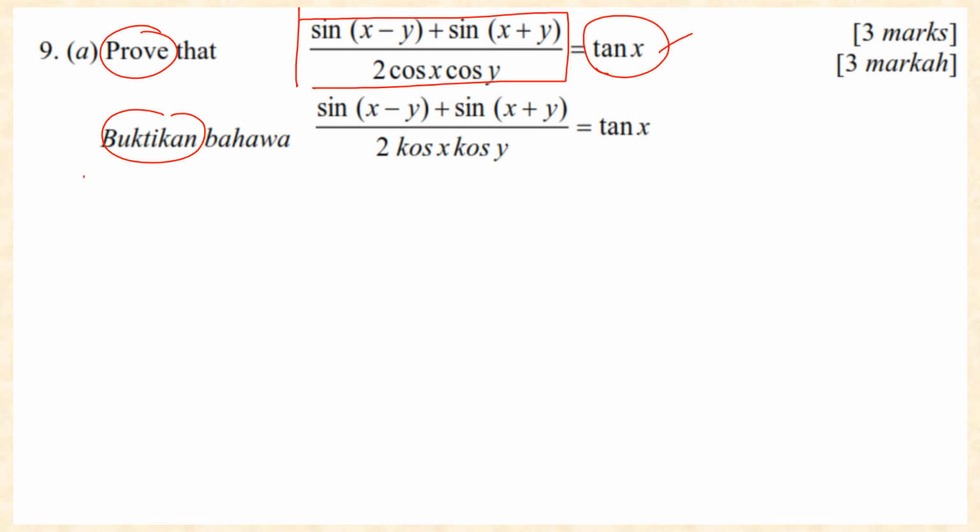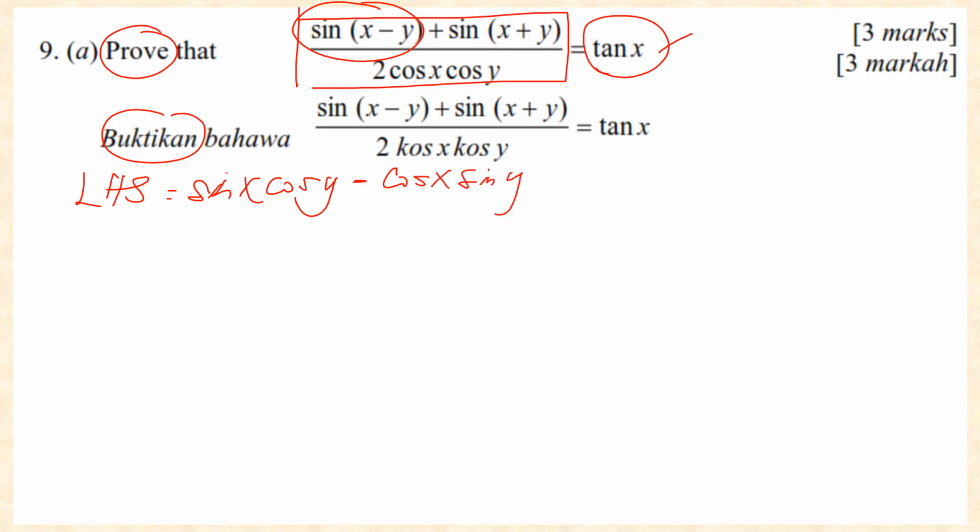So I'm going to start with my left hand side. I write this one, left hand side. Sine in the bracket x minus y. So follow the formula again as I explained to you just now. It will be sine x cos y minus cos x sine y.